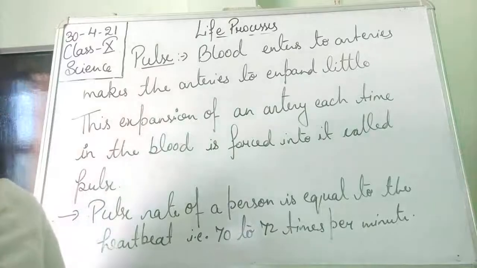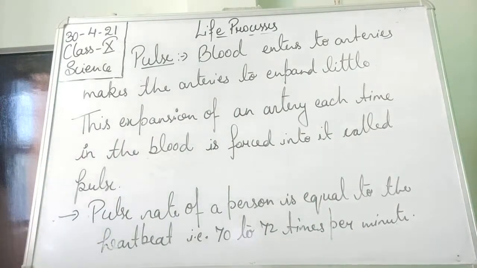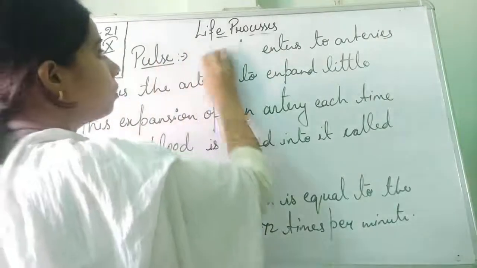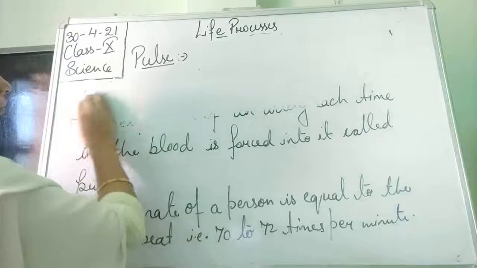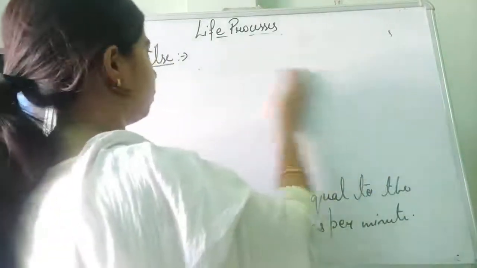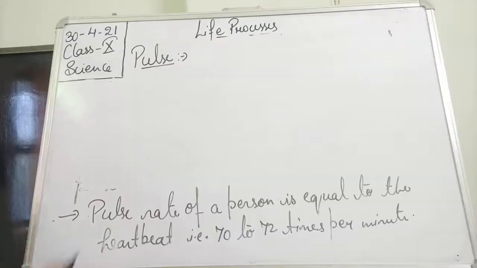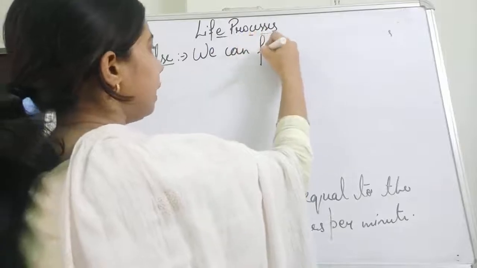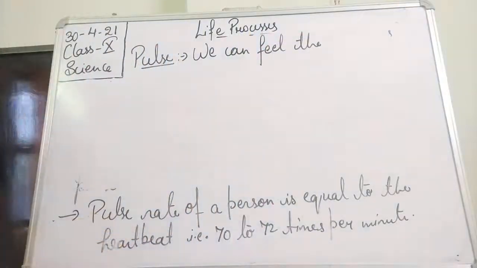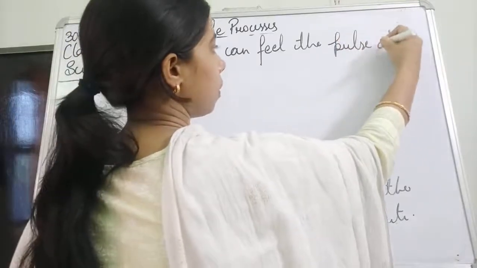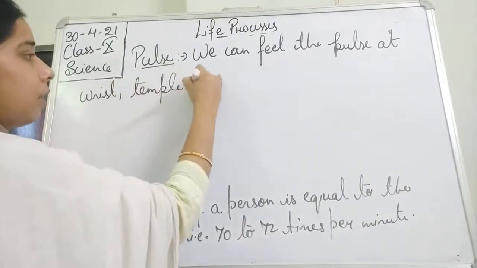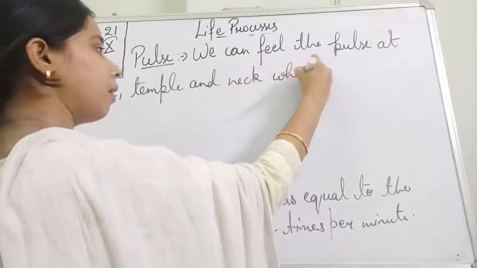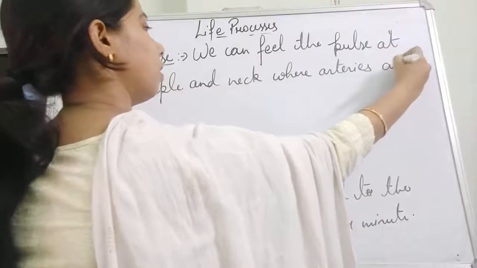Okay, so we can write it here: we can feel the pulse at wrist, temple and neck, where arteries are close to the skin.